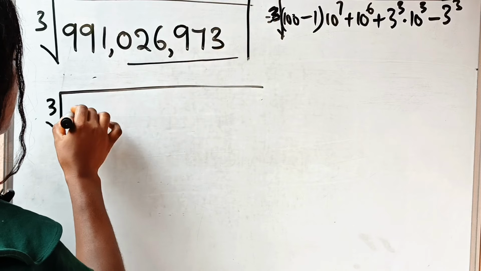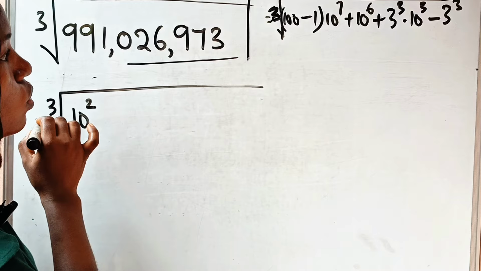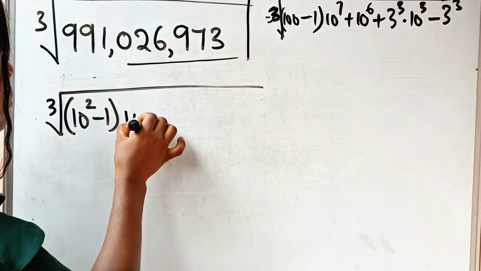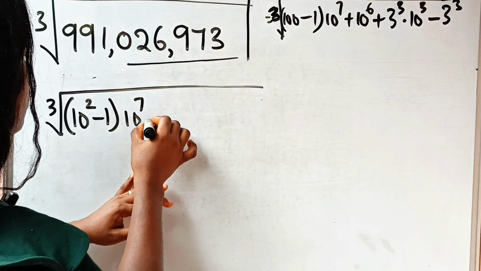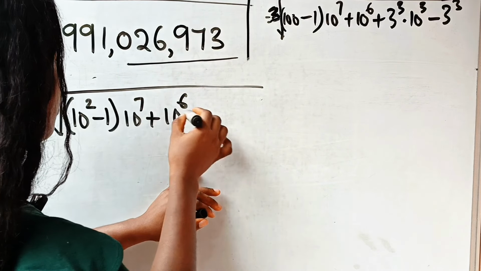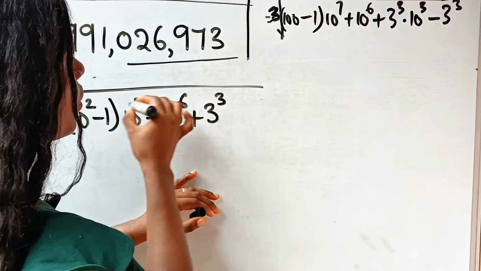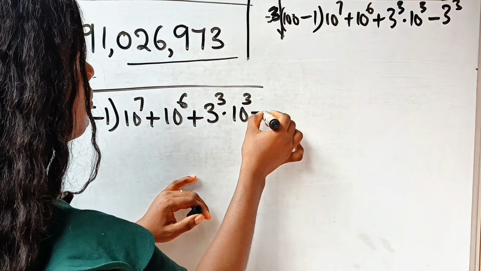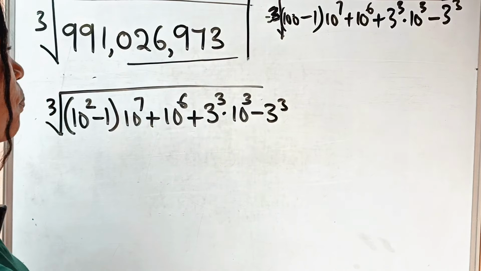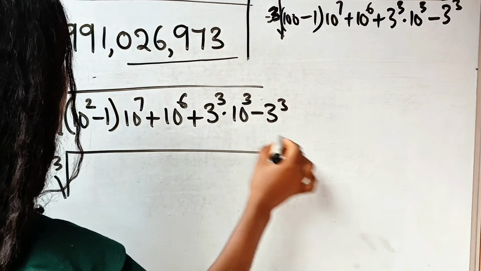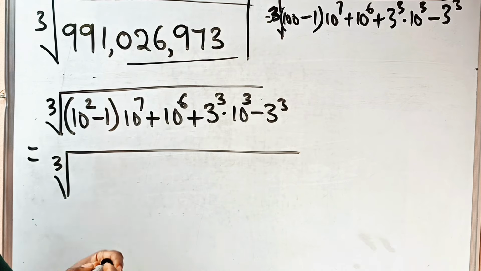We have 100 as 10 to the power of 2, minus 1, in brackets, 10 to the power of 7 plus 10 to the power of 6, plus 3 to the power of 3 multiplied by 10 to the power of 3, minus 3 to the power of 3. So this is the cube root of, let's multiply.